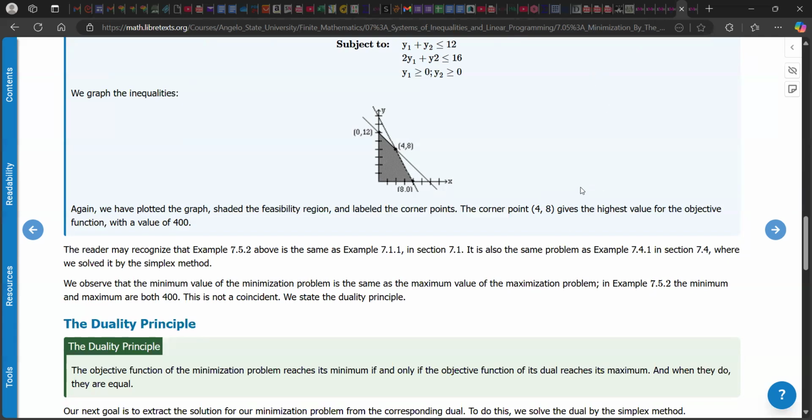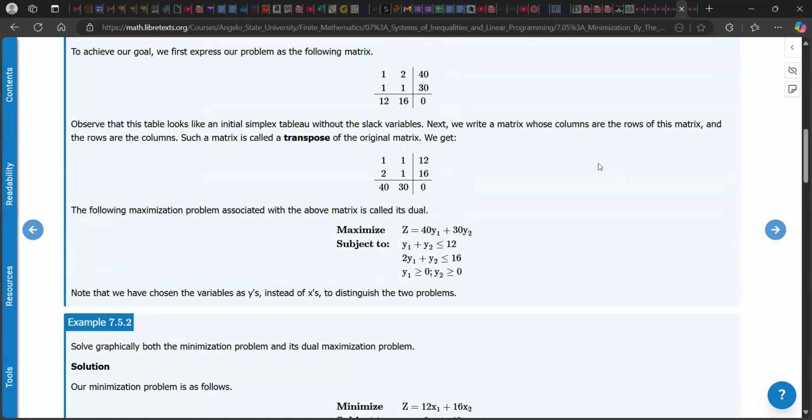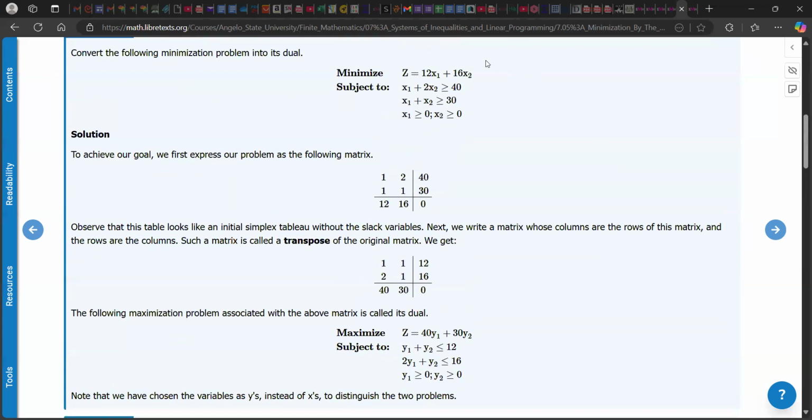So what you do, you transform. This is what you do. You have a minimization problem. Form this matrix, find the transpose, take the transpose now and make a maximization problem. Take it into the Simplex calculator and let it do the job for you.